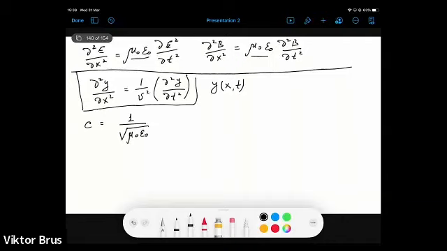If we substitute the values for these constants, we will get the speed of light, 2.99792 times 10 to the 8 meters per second.